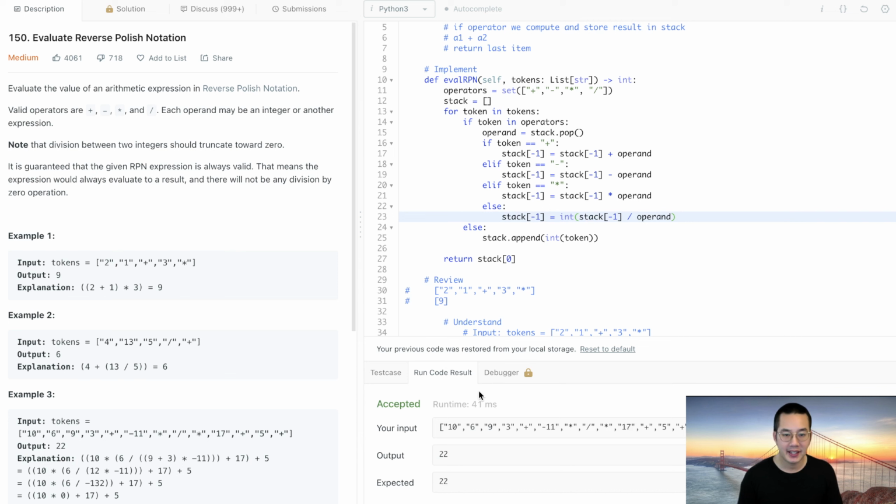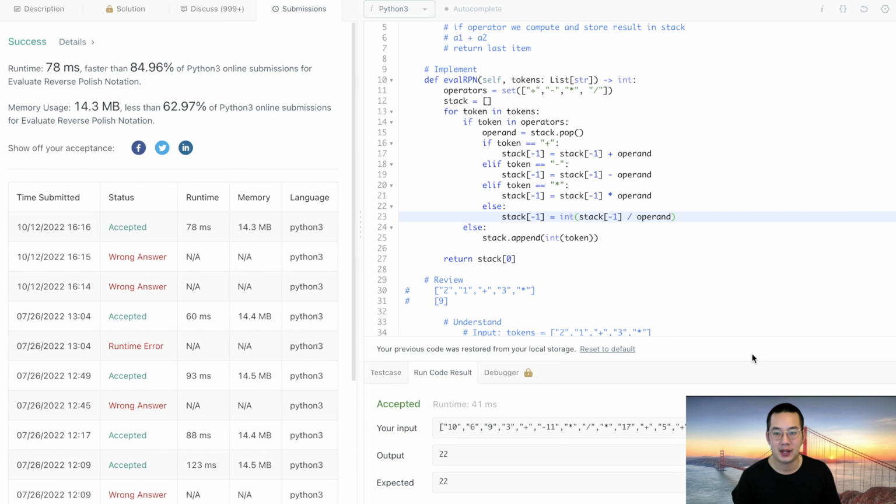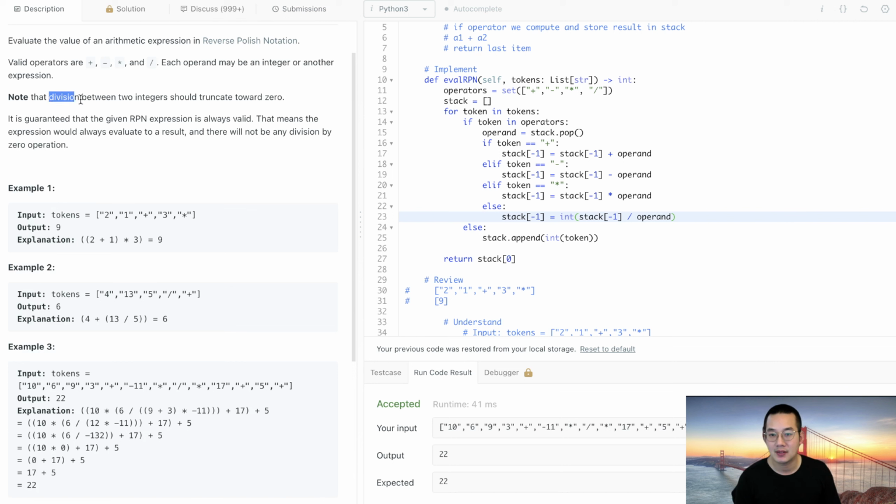Alright, back again, and the error was a different type of flooring. It's supposed to be an int, so truncated toward the closest item. I don't know where it says that about the division, but oh, there it is.